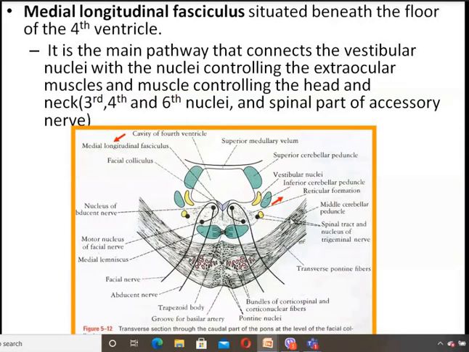So the vestibular nuclei are here, and it connects with this and controls the extraocular muscles of the eye and the muscles controlling the head and neck region. So it is in relation to the third, fourth and sixth nerve nuclei and the spinal part of the accessory nerve.